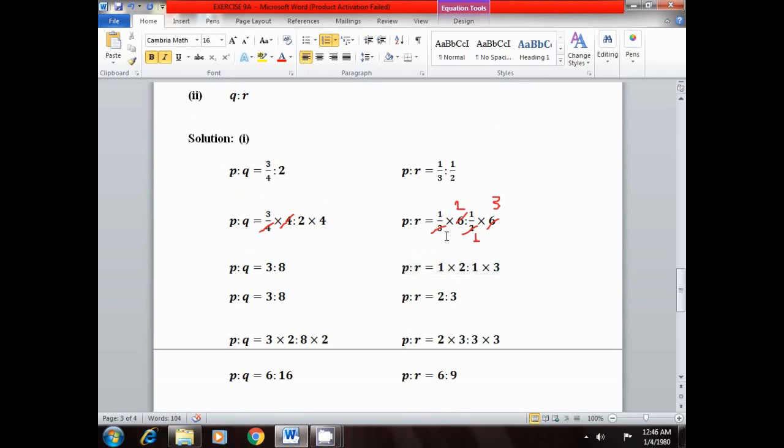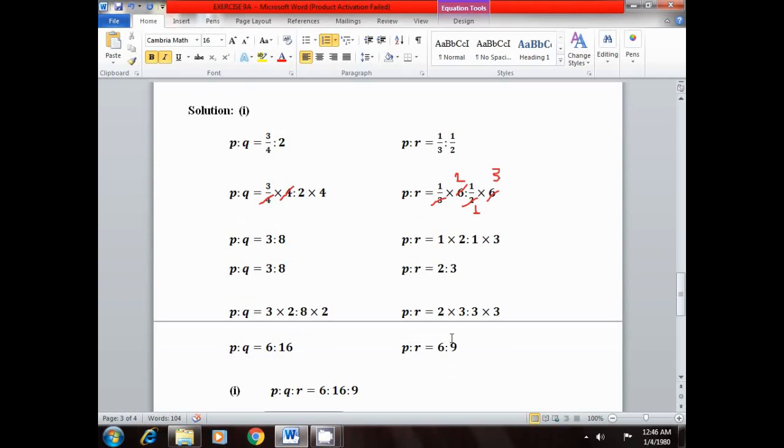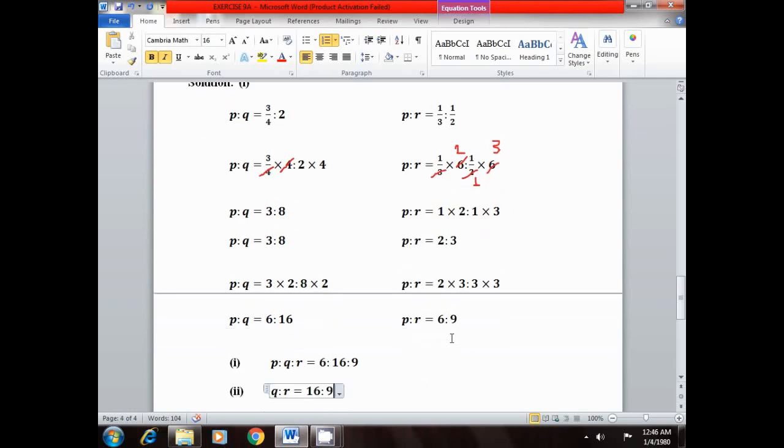Then 3 times 1 is 3, 3 times 2 is 6. 2 times 3 is 6. Taking 1 times 2 is 2, 1 times 3 is 3. So we have 2 ratio 3. 3 times 2 is 6, 2 times 3 is 6, 8 times 2 is 16.